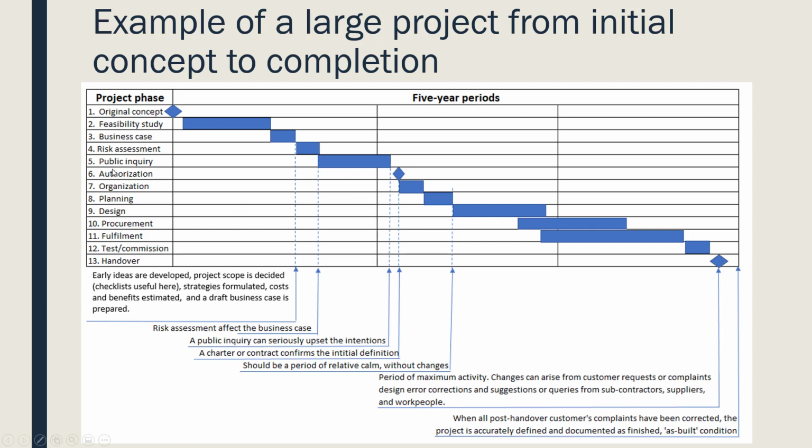So then we're looking at a public inquiry. Depending on the project, you have to let people know. Once again, very much depends on the project, but this is a big project, probably implementing something into a community or whatever.